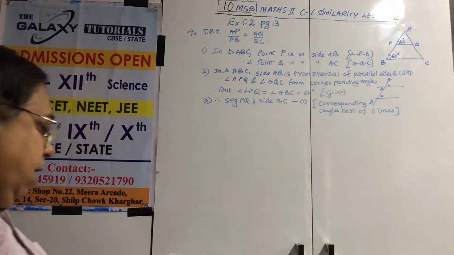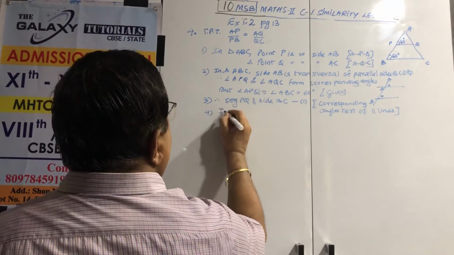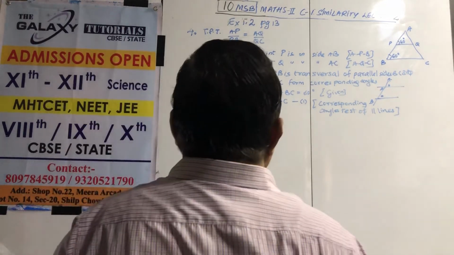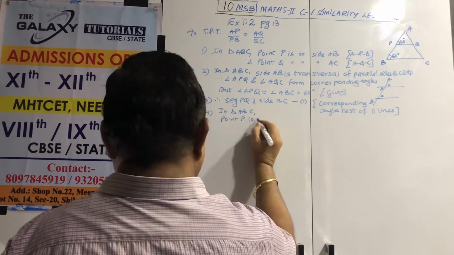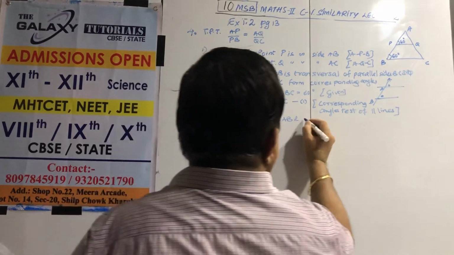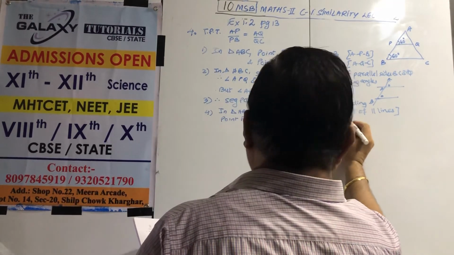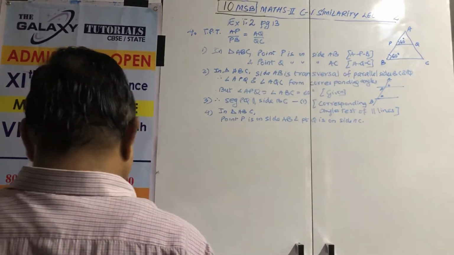Now, in triangle ABC, point P is on side AB and point Q is on side AC. It is given in the figure.